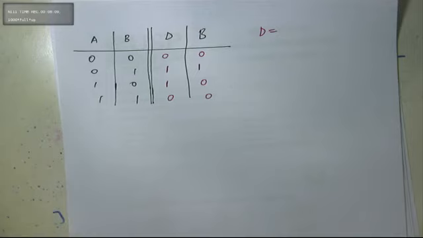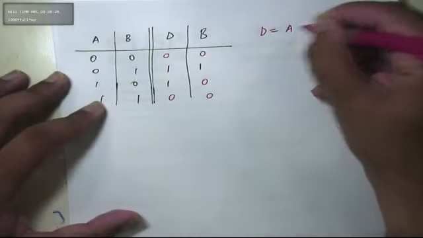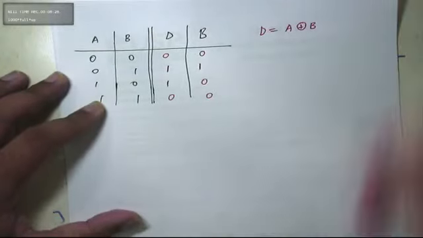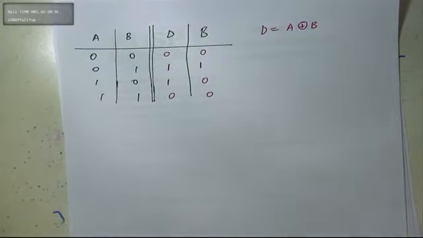But you can just look at it, and by now you're familiar. What truth table does D represent? That's XOR, right? That's XOR again. Just as we had XOR yesterday, we have XOR again today. So we have A XOR B. That's the difference.